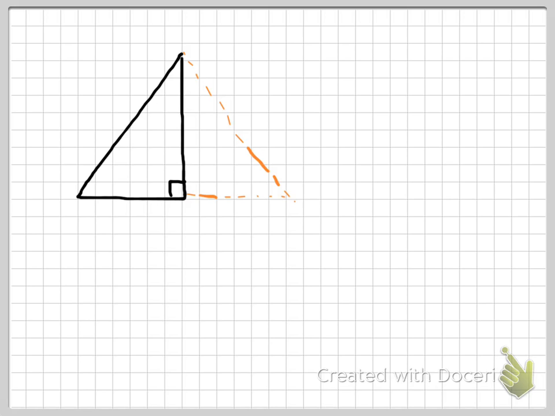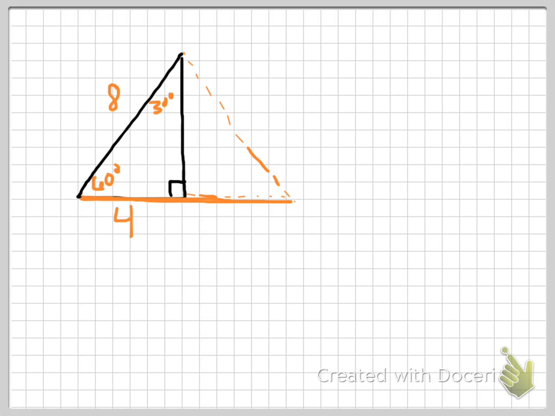Okay, so this one is 60, this one's 30. If this one is 4, we know that this side has to be 8, because this side is equal to the length of the entire equilateral triangle.